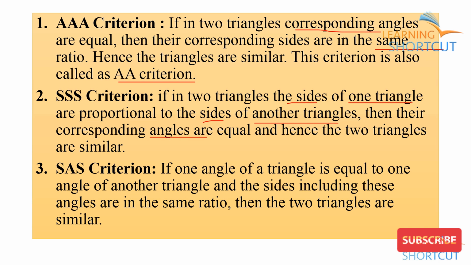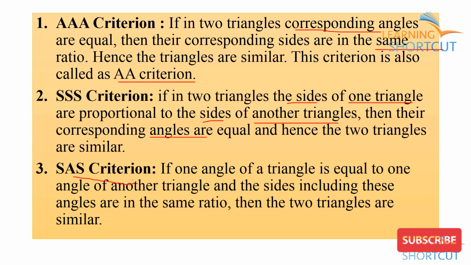Next, SAS criterion. In the SAS criterion, if one angle of a triangle is equal to one angle of another triangle, and the sides including these angles are in the same ratio, then the two triangles are similar.